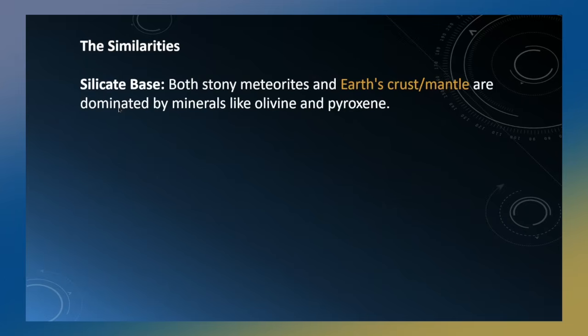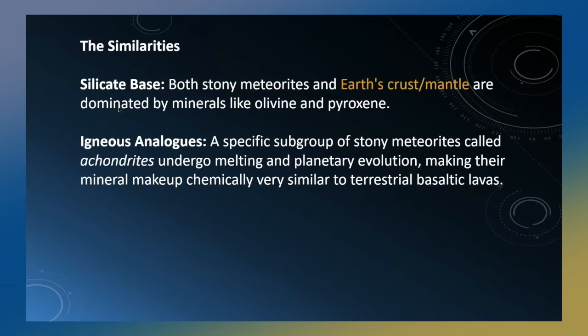And the similarities are that both stony meteorites and Earth's crust mantle are dominated by minerals like olivine and pyroxene. And the igneous analogs, a specific subgroup of stony meteorites called chondrites, undergo melting and planetary evolution, making their mineral makeup chemically very similar to terrestrial basaltic lavas.